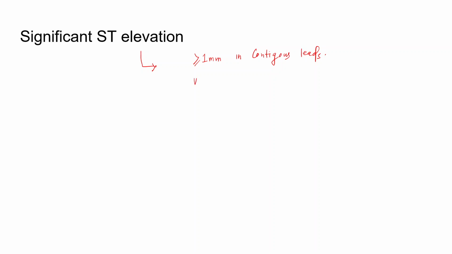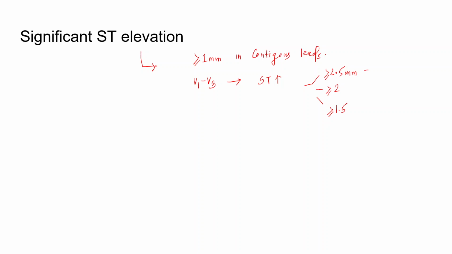For V1 to V3, the ST elevation or J point elevation should be either more than or equal to 2.5, or more than or equal to 2, or more than or equal to 1.5.